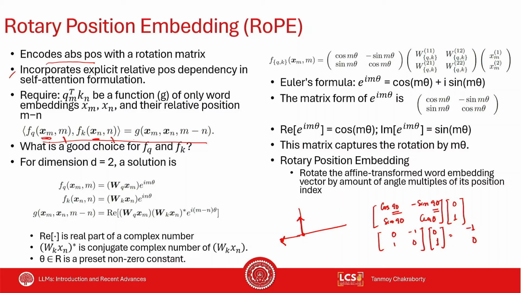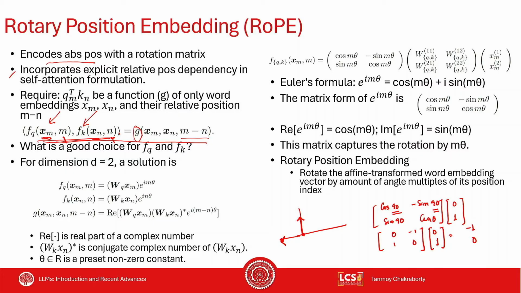What does it mean? The function applied to the query and the function applied to the key are dependent on the absolute position information, m and n. But the dot product of these two functions should be the same as g, another function which is a function of the relative distance of the two positions.